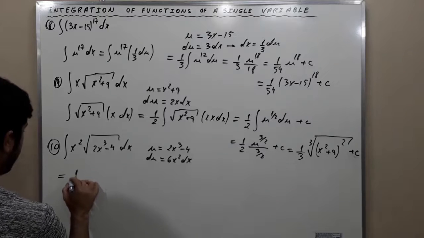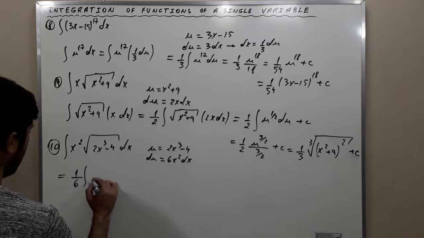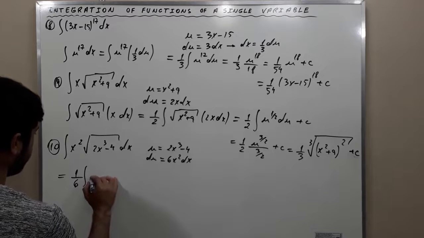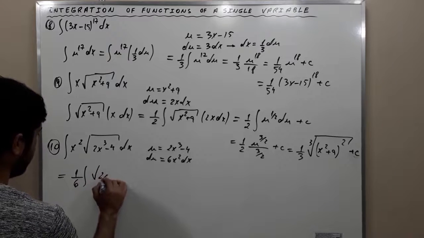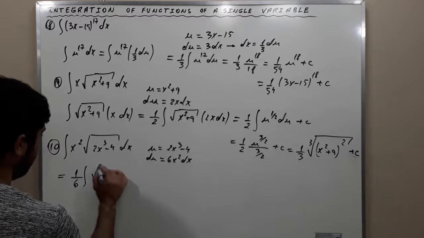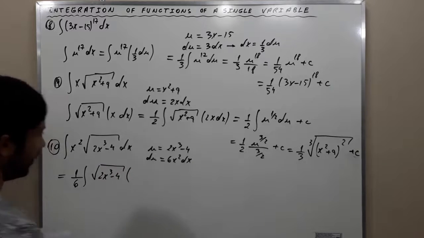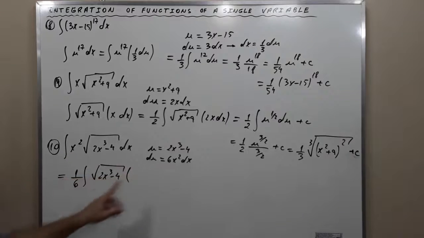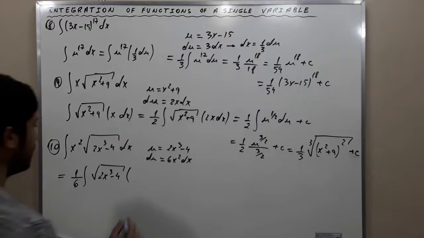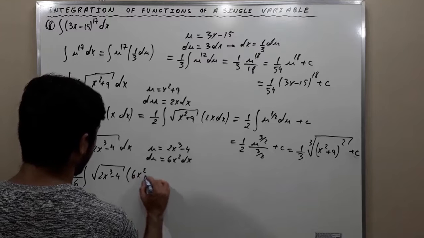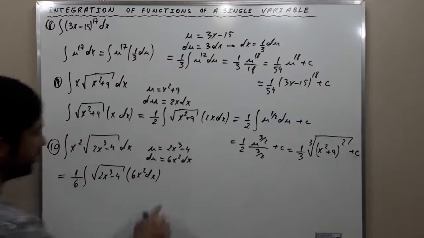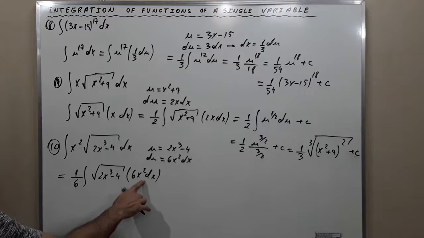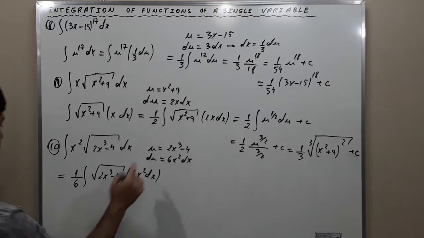And it is going to be a sixth of the integral of the square root of 2x cubed minus 4. And here I have only x squared. I need to make this 6 here appear. That's why I divided it all by 6. Then 6x squared dx. And you see that this figure here, 6x squared dx, is equal to du.